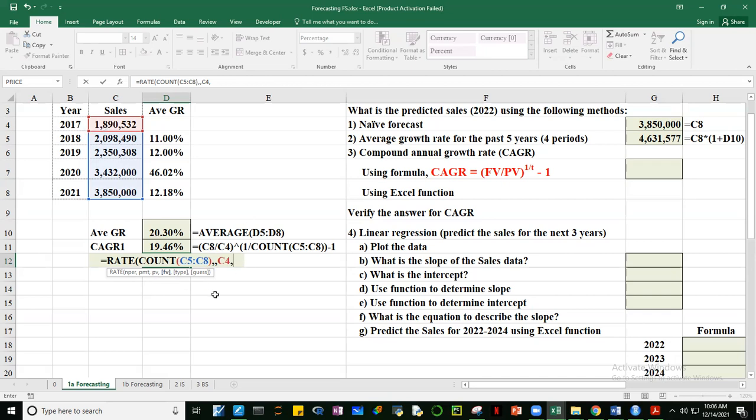What will be our future value? Paki-chat nga please, guys. Future value, dito sa RATE function natin.